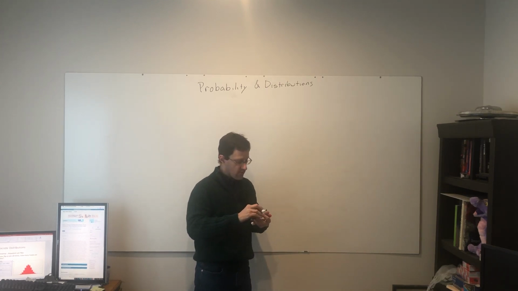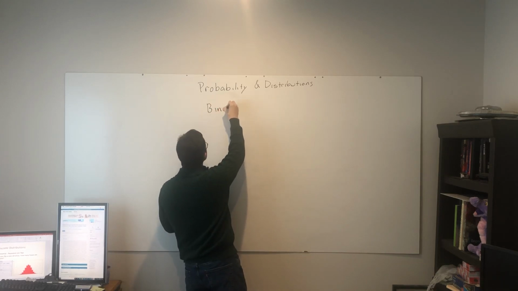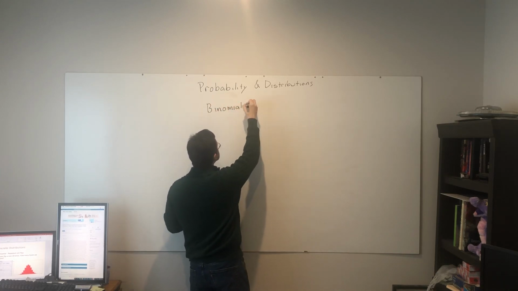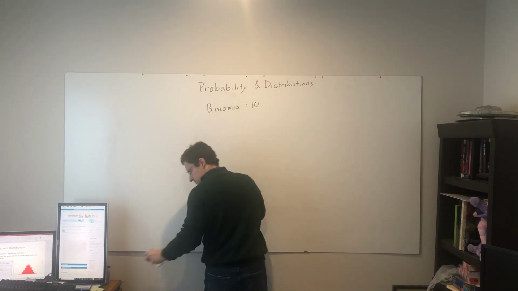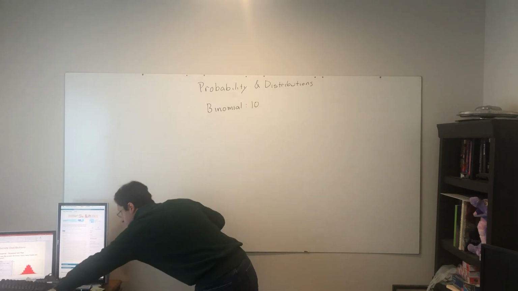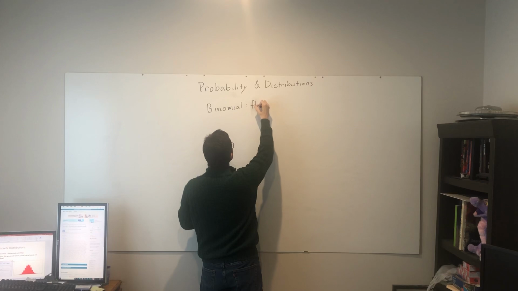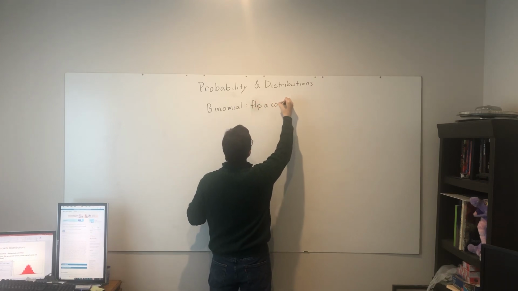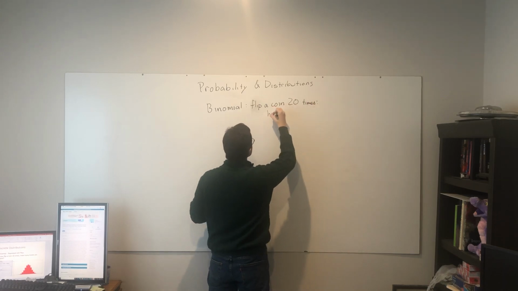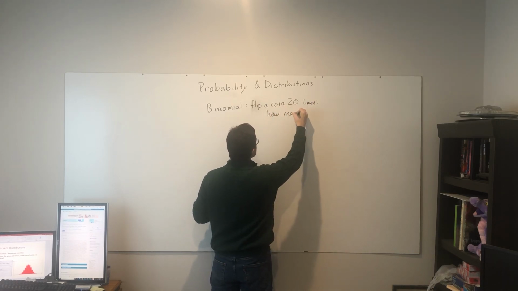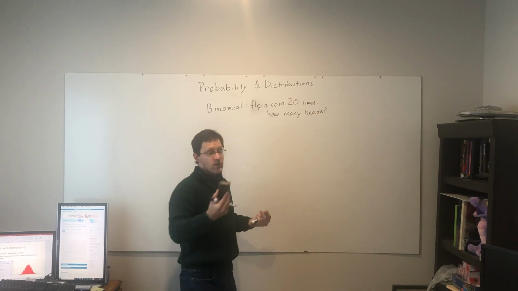A distribution for discrete data, the first one: you flip a coin 20 times.